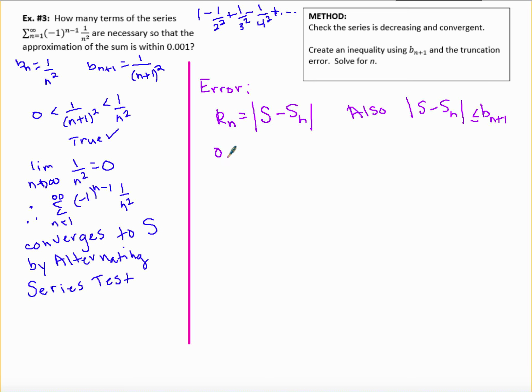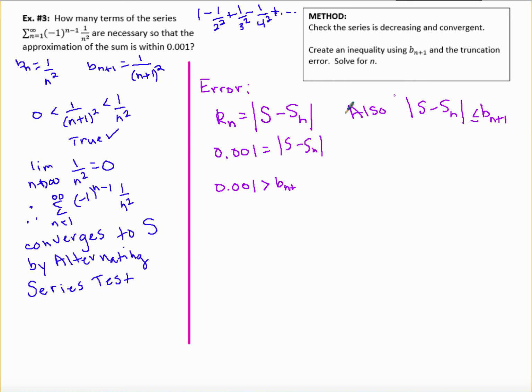So I know that this is equal to the absolute value of s minus s sub n. We want that error to be that number or less, right? We want it to be within that amount. So here's what I would say. I would say that we want this error to be greater than the actual last term that we're calculating.